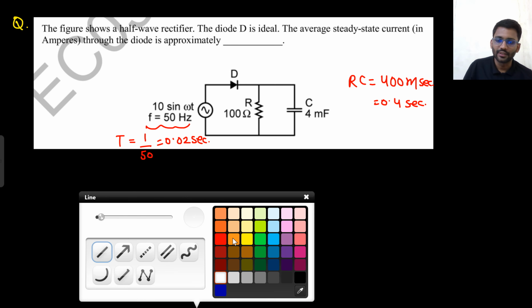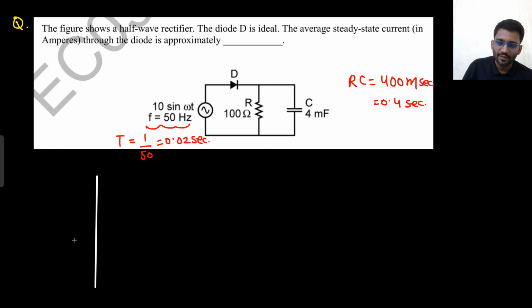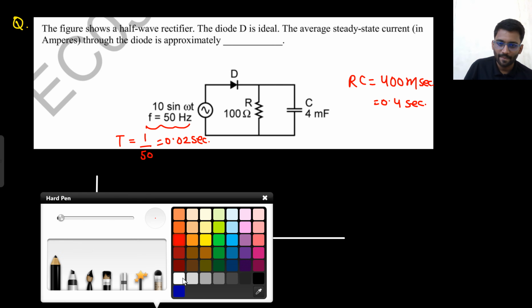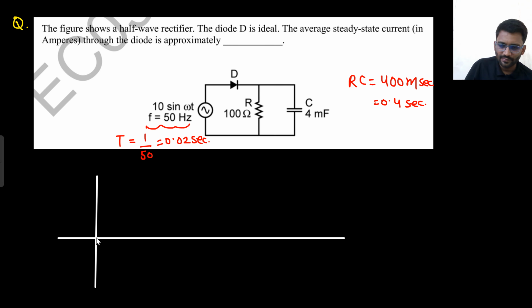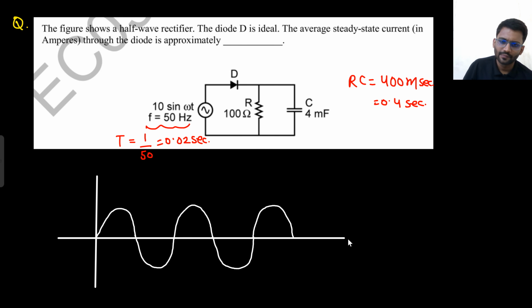Let's make the input. What is the input given? This is the input given, and this much time is 0.02 sec.